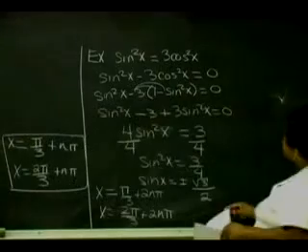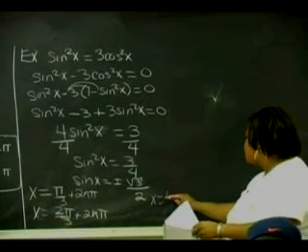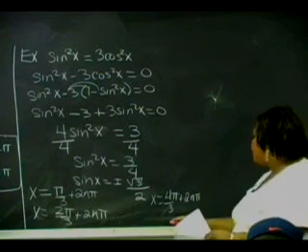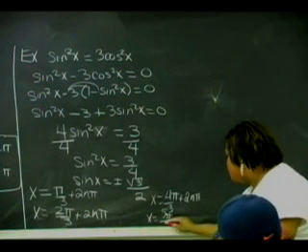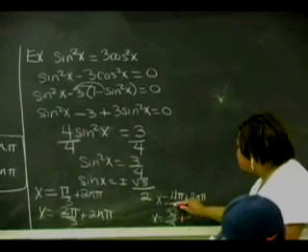I also have what? 4 pi over 3 plus 2n pi. And I have another one, which is what? 5 pi over 3 plus 2n pi.